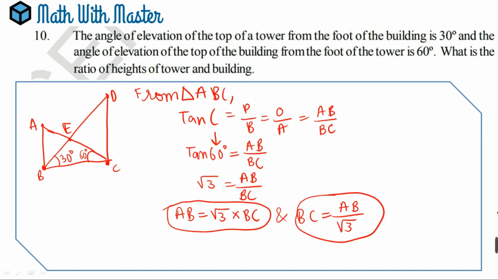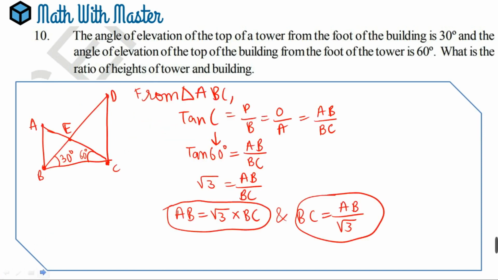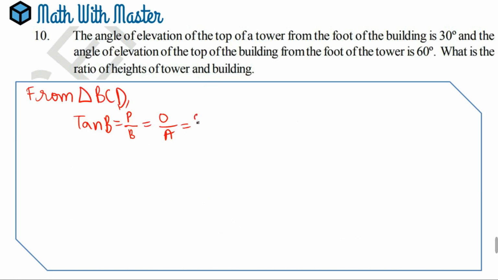So now from triangle BCD we have to take tan B, which is equals to perpendicular upon base, which is also equals to opposite upon adjacent, which is equals to CD upon BC.